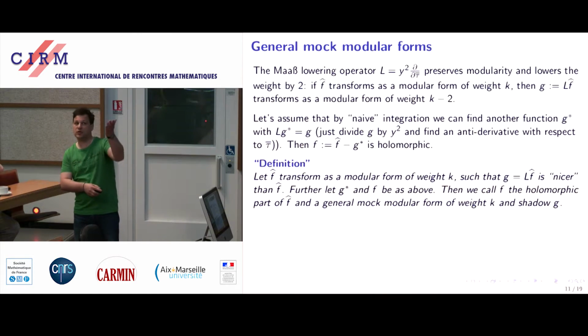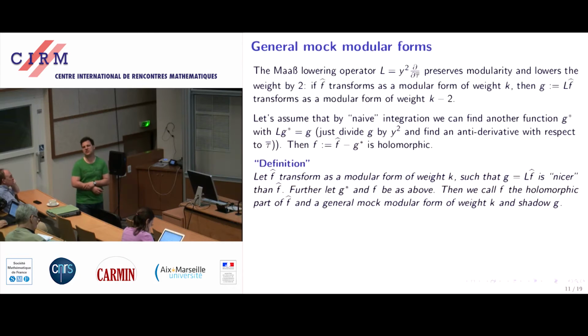I look at the corresponding g, which is the Maass lowering operator applied to f hat, and I want it to be nicer than the thing that I started with. It should improve things, in some sense. And then you can do what we did before, naive integration, and you come up with a holomorphic function f. You can always do that, probably.